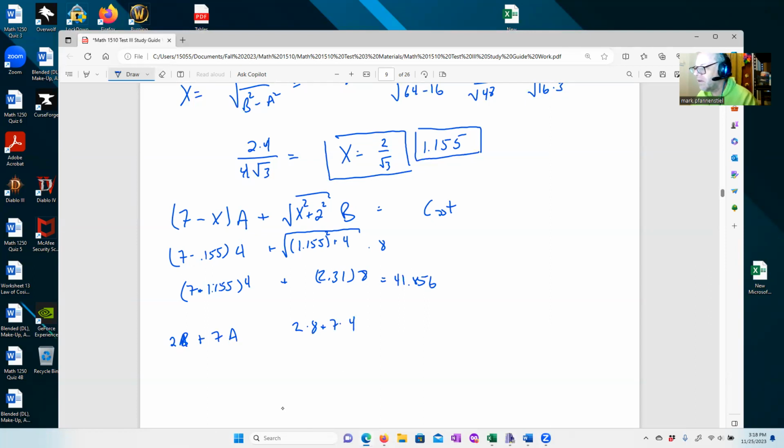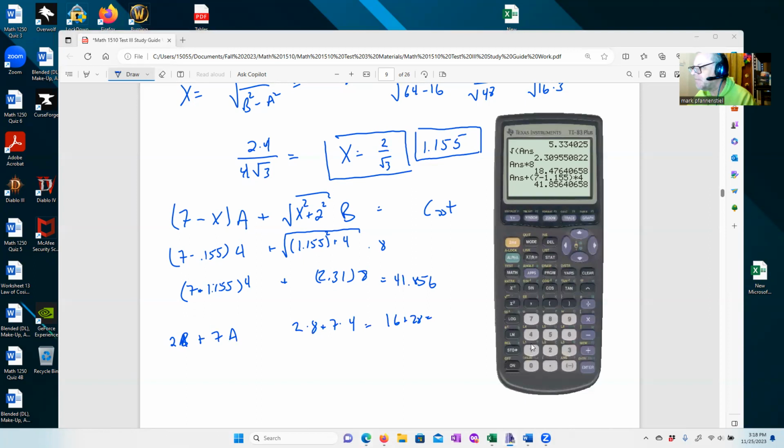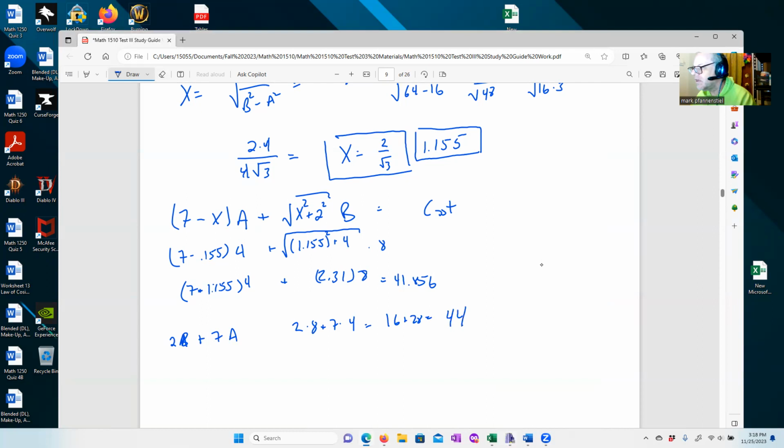It was 4. So this is going to be 16 plus 28, which is 44. So just doing a little test point to see, was this thing a minimum cost compared to just crossing it and moving straight over to see what was going to happen?